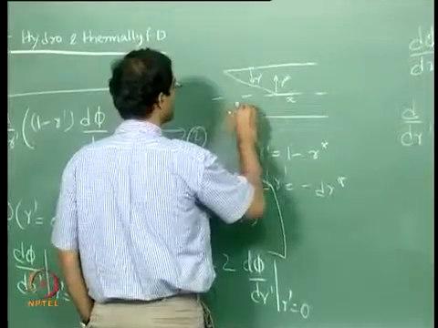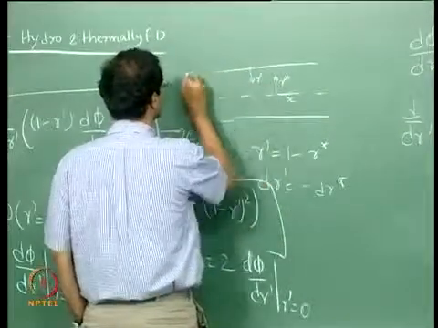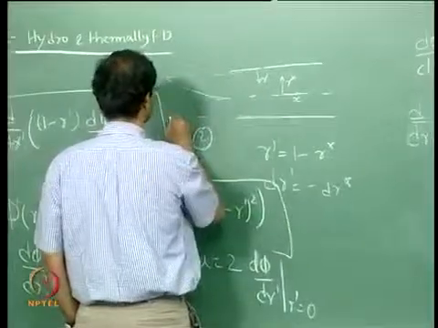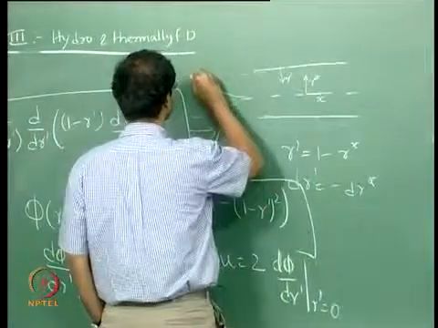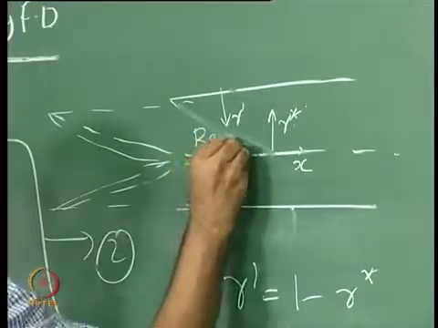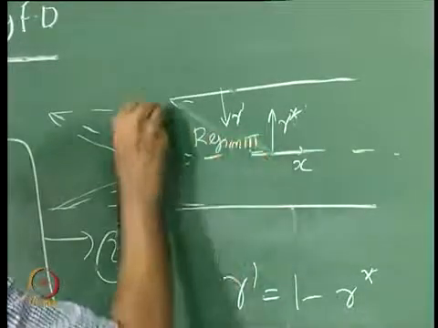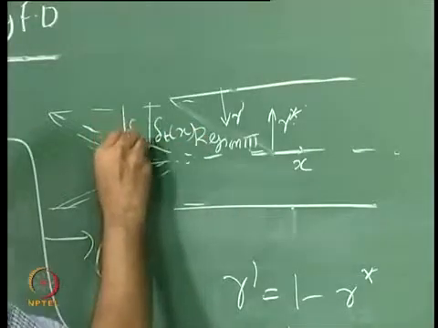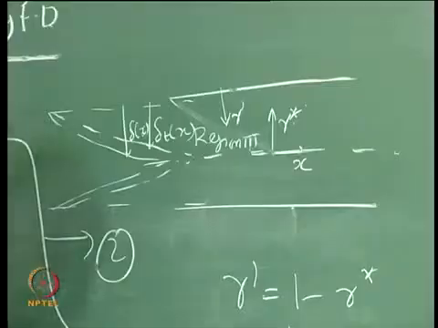Now when you talk about the fully developed thermally, you talk about a region where the thermal boundary layers and the velocity boundary layers have met. So this is your region 3. Okay.